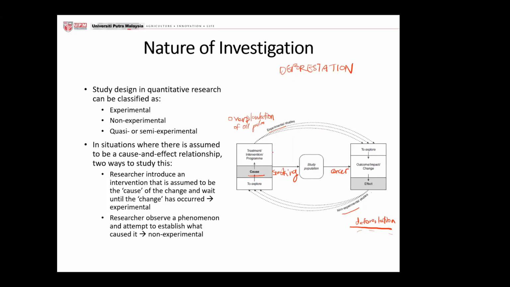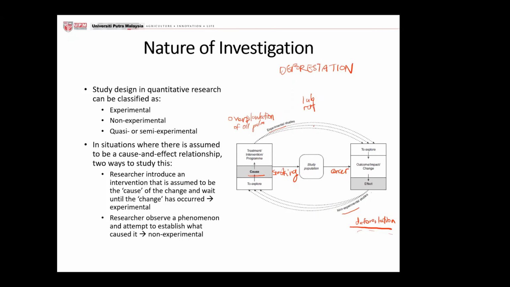So in an experimental study, smoking and cancer, maybe you will have lab rats, and you expose the rats to smoke and check whether cancerous cells start appearing in the rats.